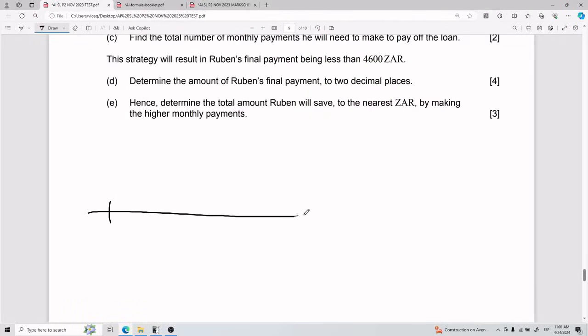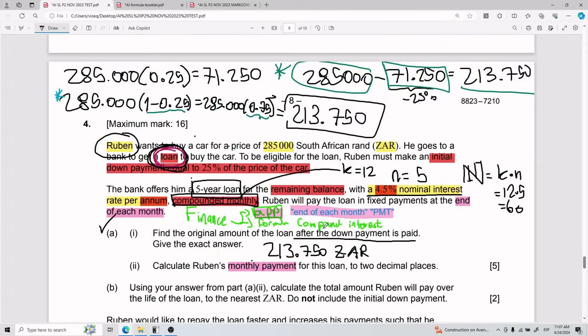If you make a number line, and you call this 0. Here's a number line. Here's positive infinity. Over here's negative infinity. If you think about it, our good old friend Ruben right now owes the bank 213,750 ZAR.